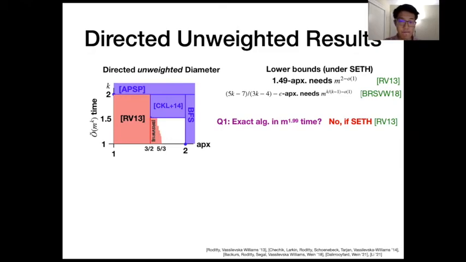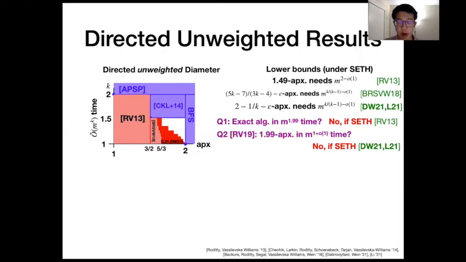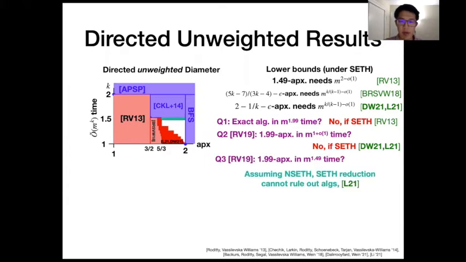But for our hardness results, we're still able to show that the 2 minus epsilon approximation needs superlinear time. So it's the same result. And the NSETH-based non-hardness of approximation result from the previous slide still holds.